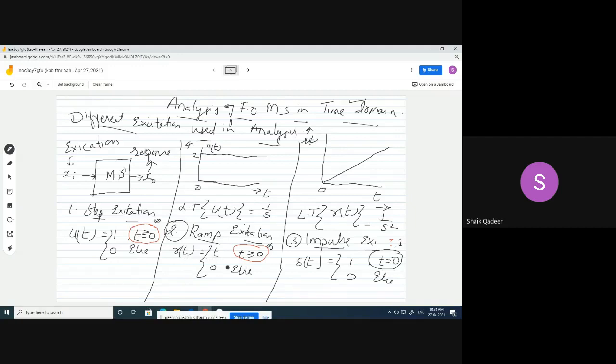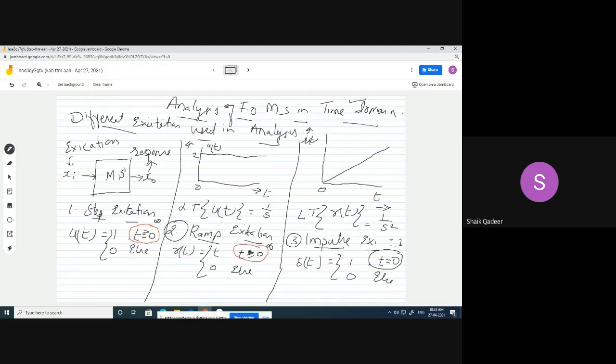Ramp is r of t is equal to t itself. We are considering unit ramp. If it is k magnitude ramp, we can write k into t. In this case, I'm assuming it to be unit ramp, so that is equal to t from 0 to infinity.